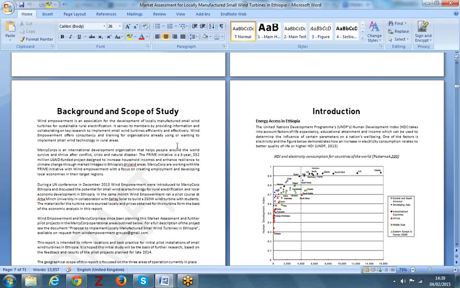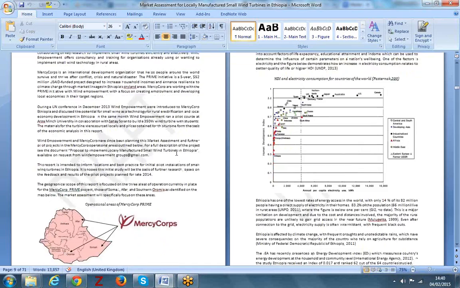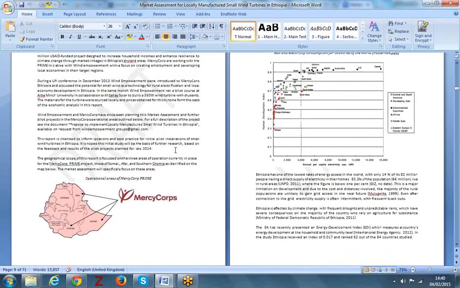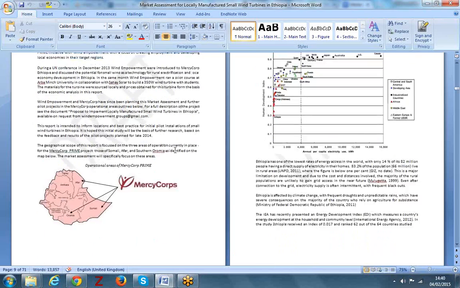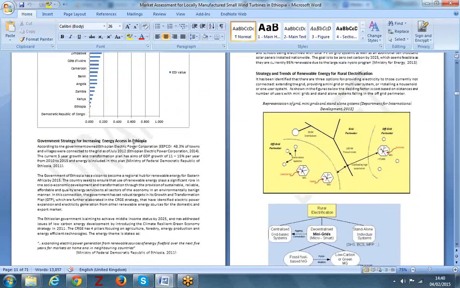Okay. Well, I'll continue going through the report, and we can come back to productive uses. There's a background and an introduction to energy access in Ethiopia. I think it's nice just to set a scene for how many people have got access to electricity, and also putting a context for what the government's doing about energy access.